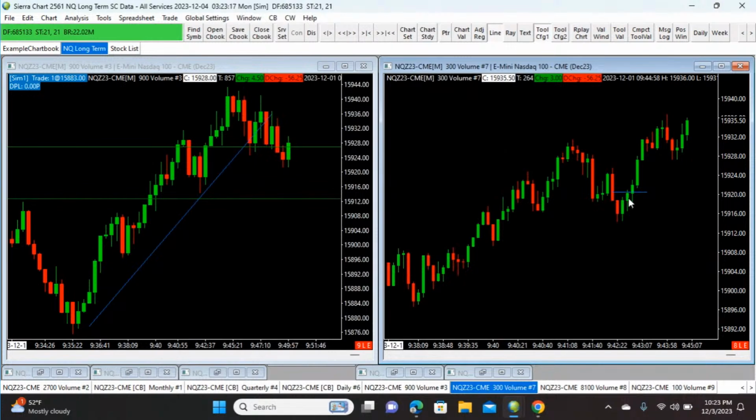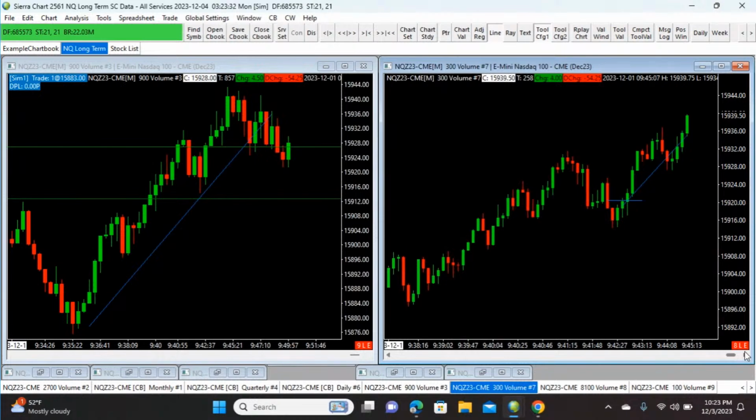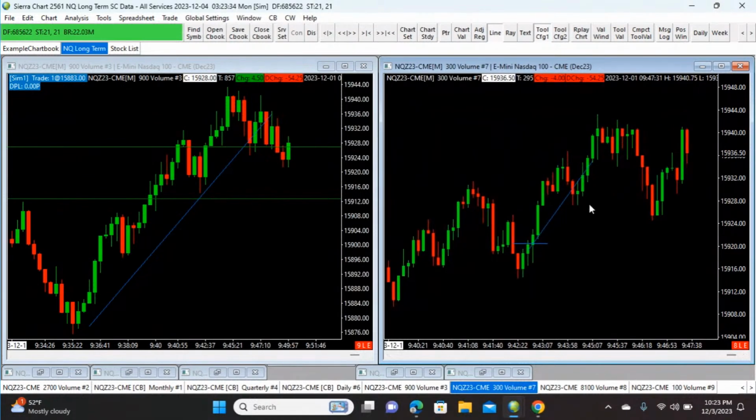Now, I am going to tell you something. You have an opportunity to make a lot of money if you're able to compound and add on to your winners. You see it's going up. It's one iteration. This is two iterations going up, right?